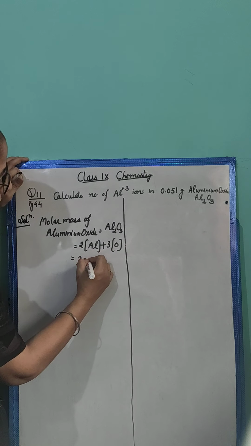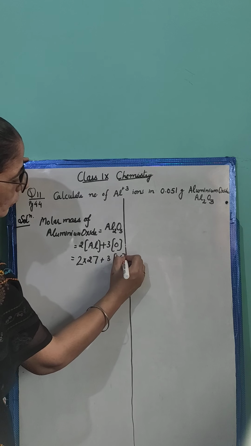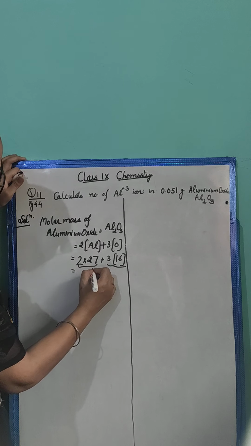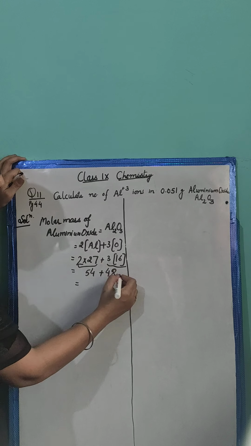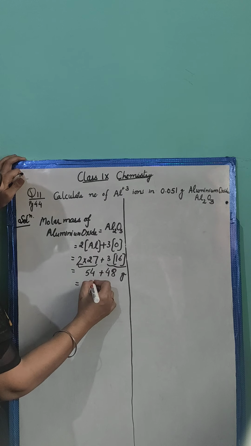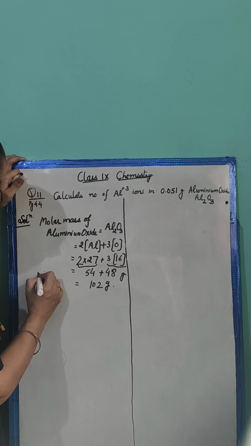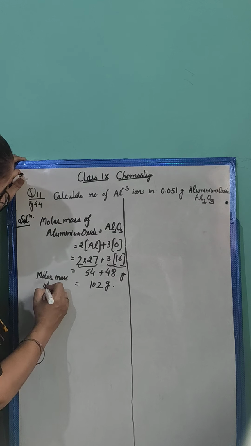One aluminium has the mass of 27 and one oxygen has the mass of 16. 27 twos are 54, 16 threes are 48. Since it is molar mass, gram should be there. 54 plus 48 is 102 gram. This is the molar mass of Al2O3, okay?